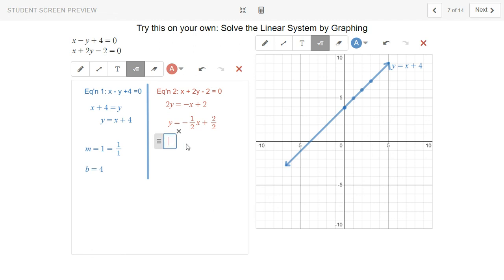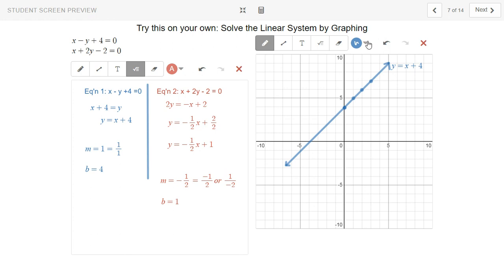That simplifies to y is equal to negative half x plus 1. So our slope is negative 1 over 2. Now that means I could interpret it as negative 1 over 2, or I could say positive 1 over negative 2. b is equal to 1.